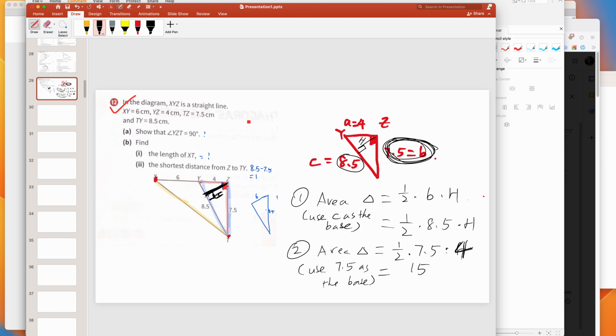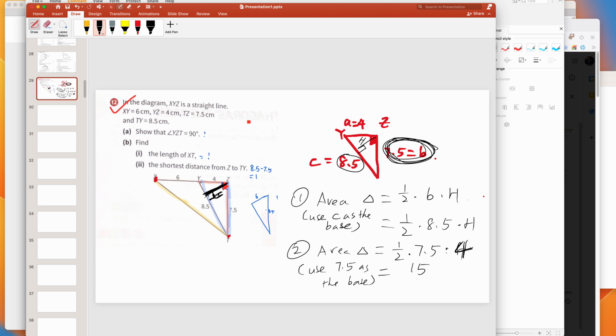The second method, what you find? The area. The first one finding? Height. The second one finding? The height. Second method, the area.